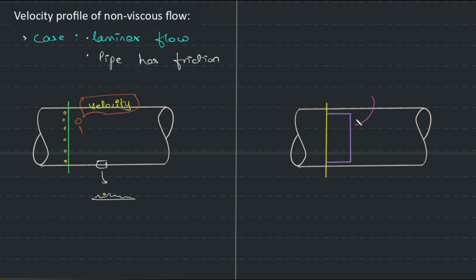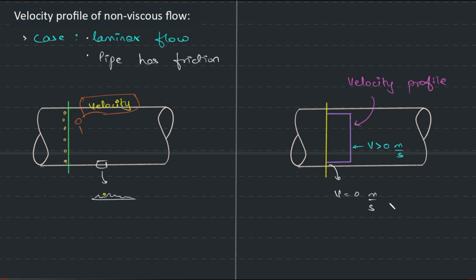This can be my non-zero velocity. This is our velocity profile. So this is clearly a non-zero velocity, and this is clearly a zero velocity.